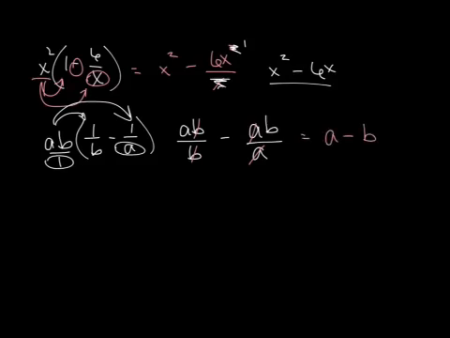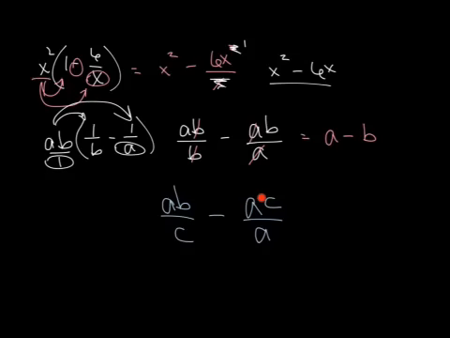One of the things that's very, very important is, let's say that I had AB over C minus AC over A. Okay, very important here. I cannot cancel this C with this C because I have to cross a minus sign to do that.